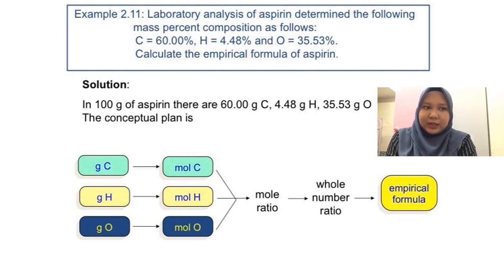The conceptual plan is grams carbon to moles carbon to mole ratio to whole number ratio; grams hydrogen to moles hydrogen to mole ratio to whole number ratio; grams oxygen to moles oxygen to mole ratio to whole number ratio, and then the empirical formula.